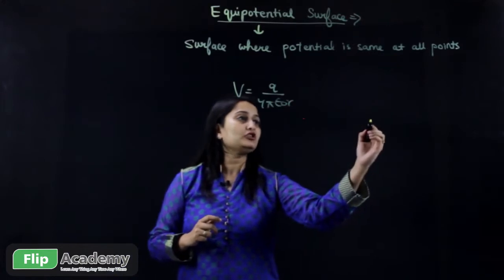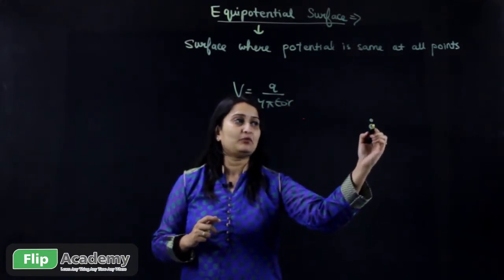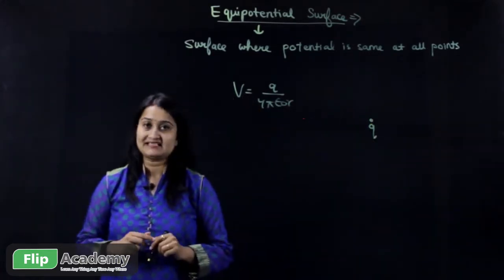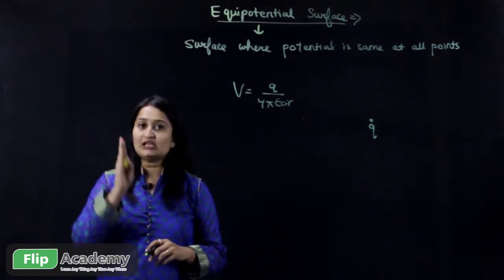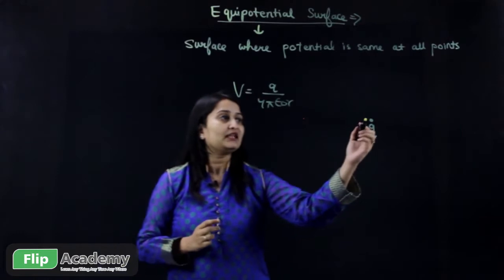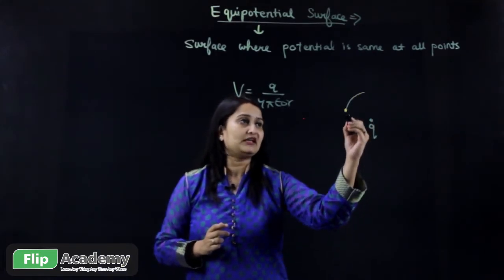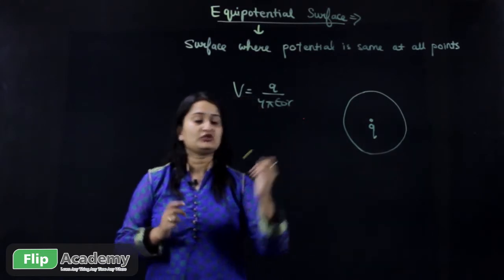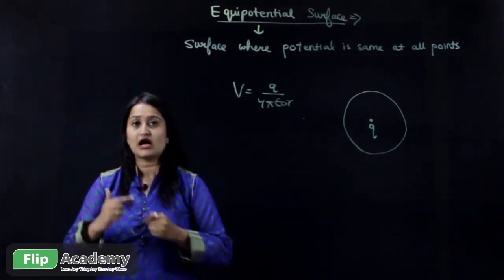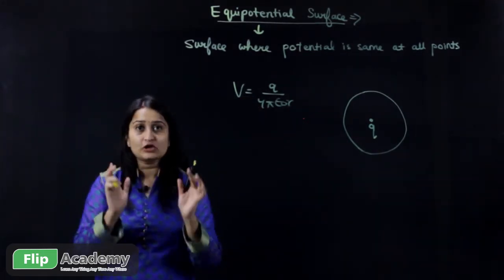Let us say this is a point charge represented by small q, as in the formula. If I have to make an equipotential surface, then this equipotential surface is a sphere which surrounds the charge at all points equally.